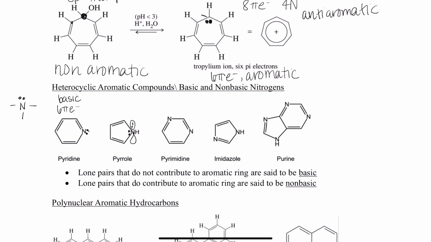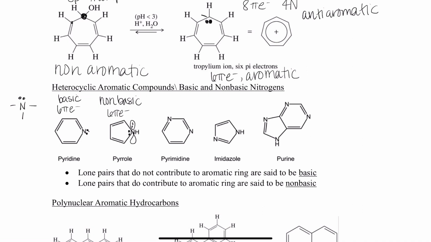And so this nitrogen is actually sp2 hybridized. So it has 6 pi electrons. So this is also aromatic. However, because our lone pair is participating in the ring structure, this is said to be non-basic, because it's not really capable of accepting a proton if the lone pair is already participating in the ring.